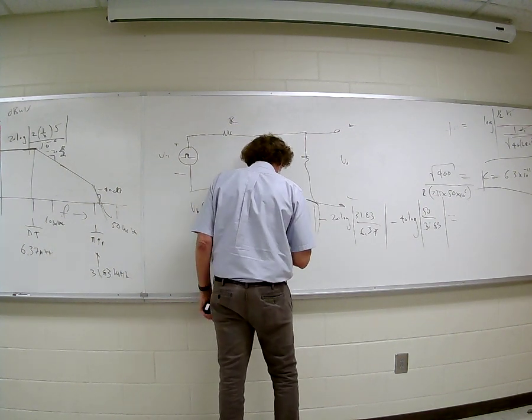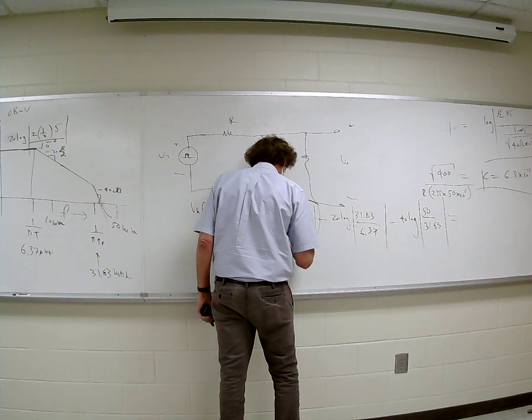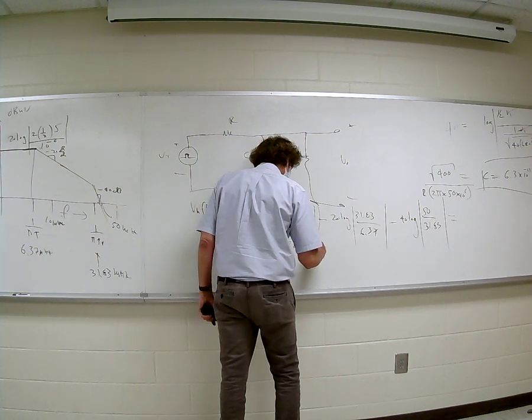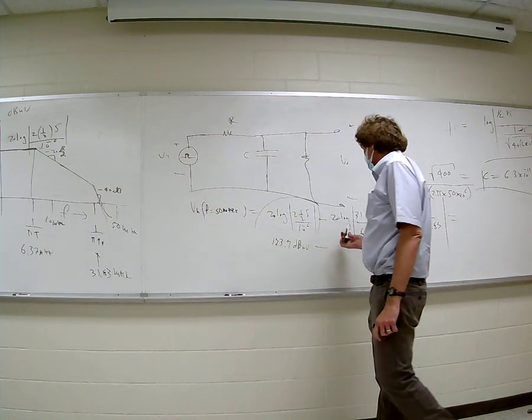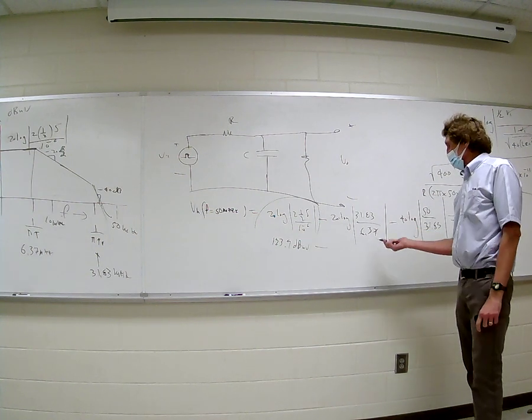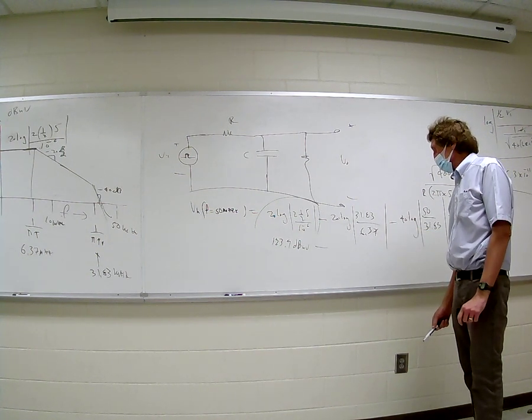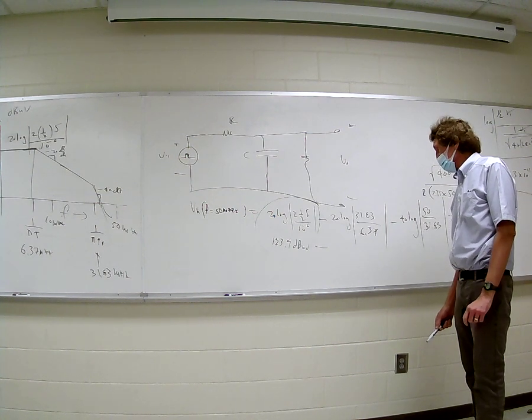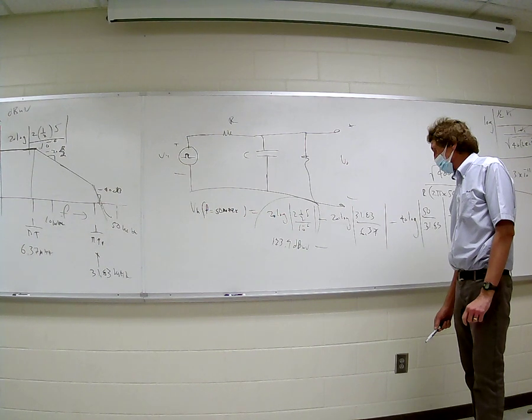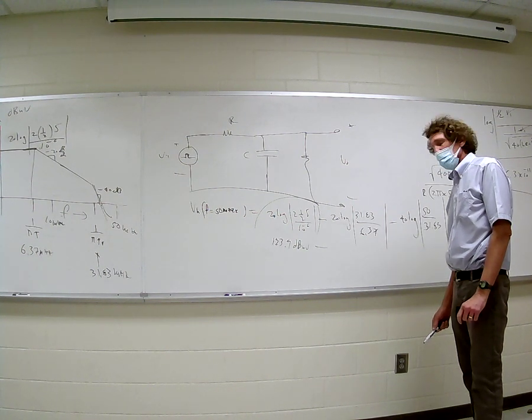So this is 133.9 dB microvolts minus, what's this next one? 20 times the log of this is, 17.9?